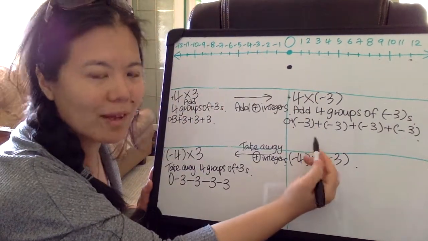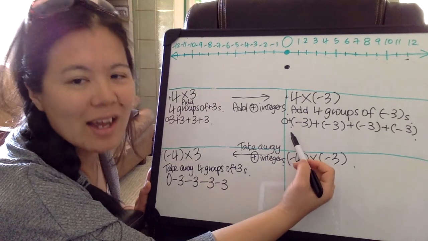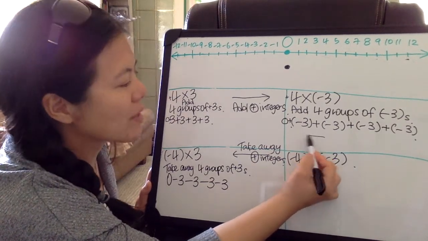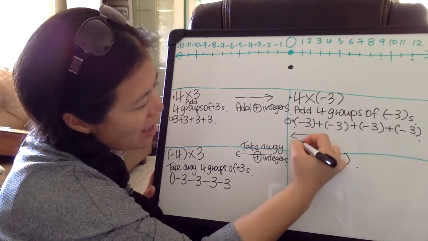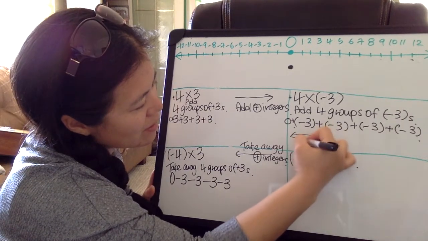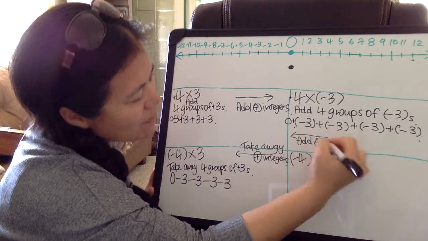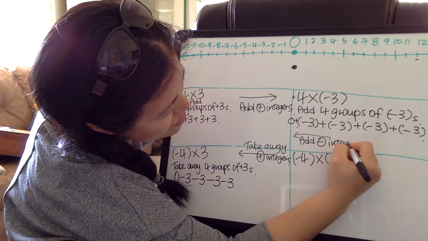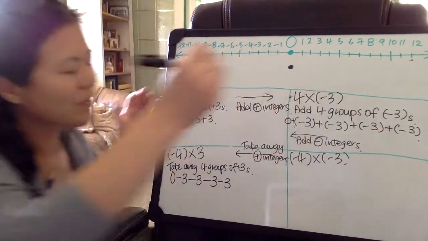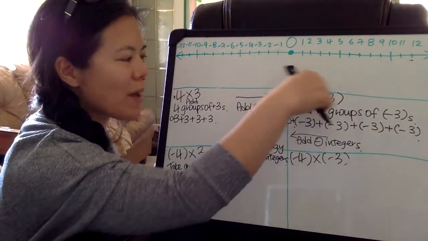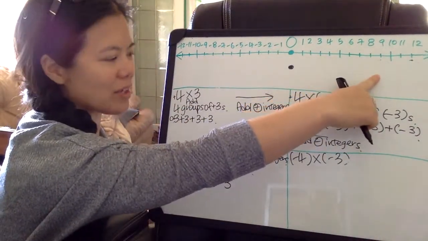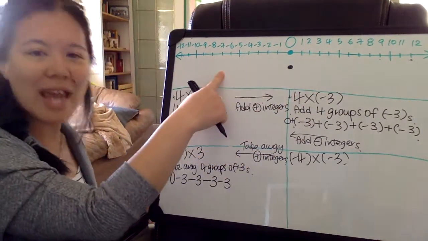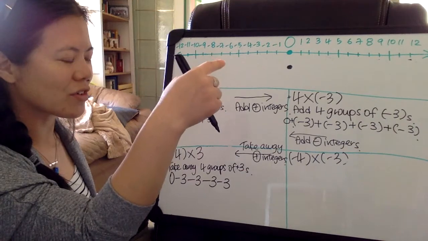And for this one, you added negative integers. When you added negative integers, you went this way. Add negative integers. So you went this way when you're adding positive integers. You went this way when you were taking away positive integers.